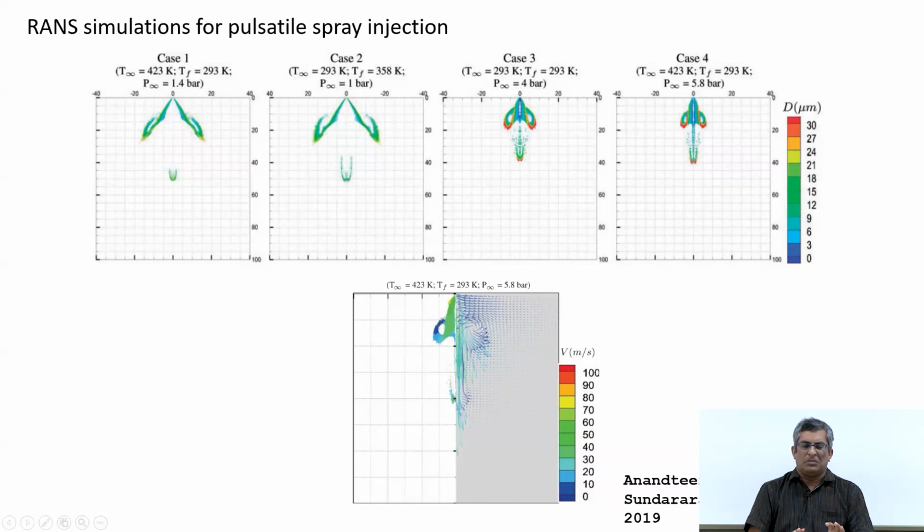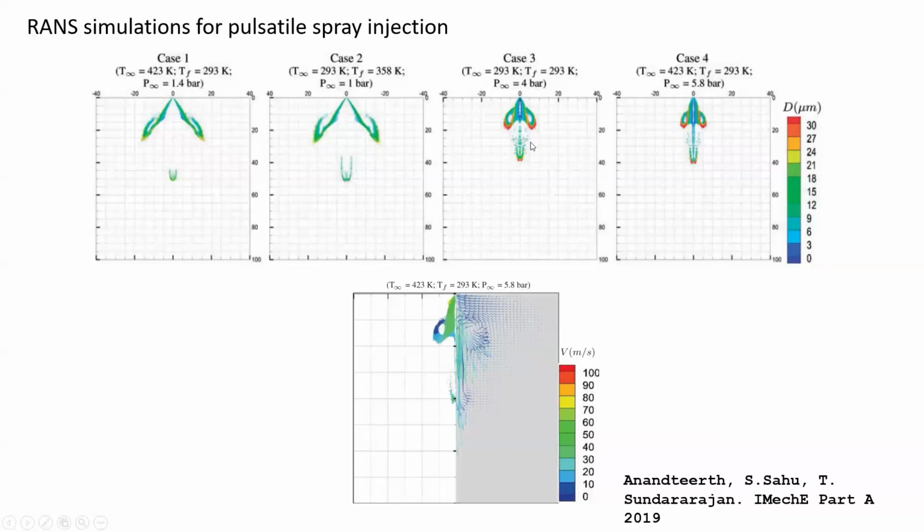The spray is injected under high pressure condition, and this injection occurs for a very short duration of time. So, it is an unsteady spray, you can say. Here the simulation is performed for different ambient temperature as well as ambient pressure. You can see what happens to the structure of the spray as the pressure is increased, let us say from 1.4 bar to 5.8 bar. So, you see that it is significantly modified.